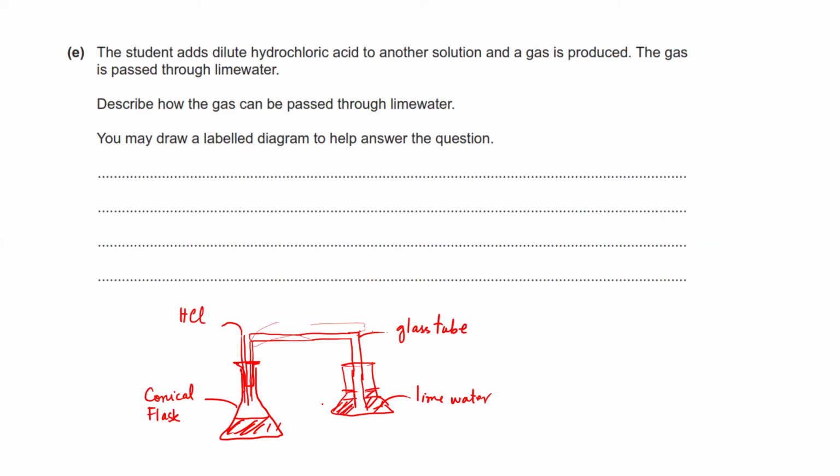And this is your rubber seal, you can call it a cork with holes in it. So this is what it looked like.